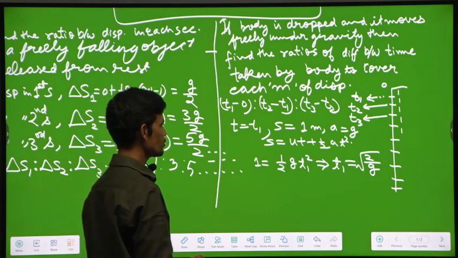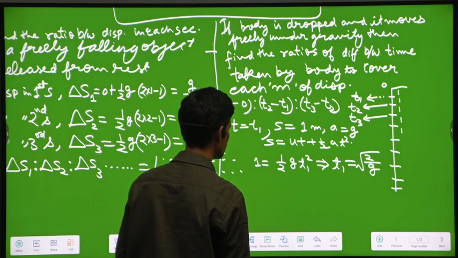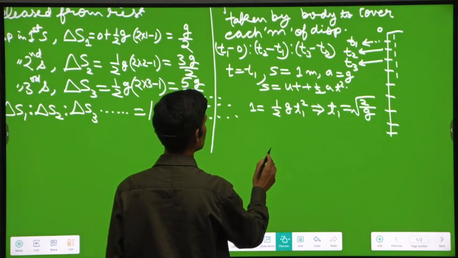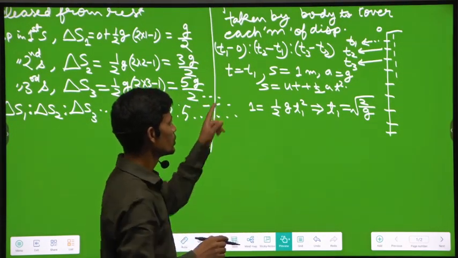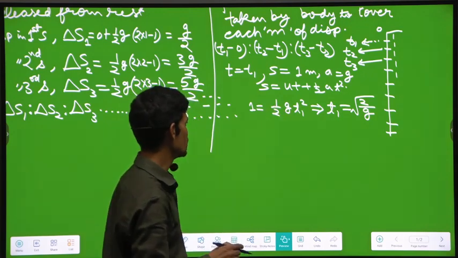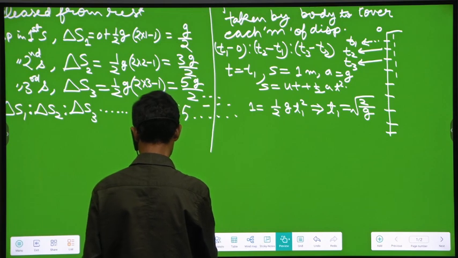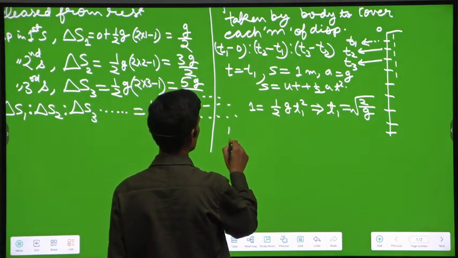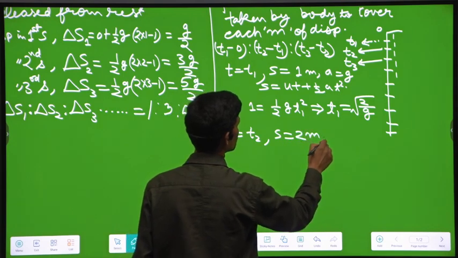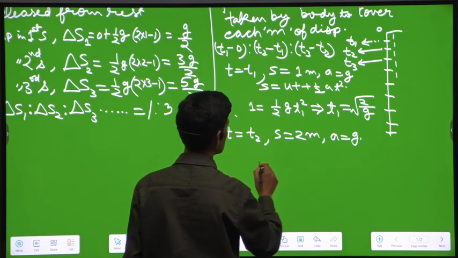Then t2: for t2 the body will travel 2 meters distance. So for t equal to t2, s equal to 2 meters, a equal to g.